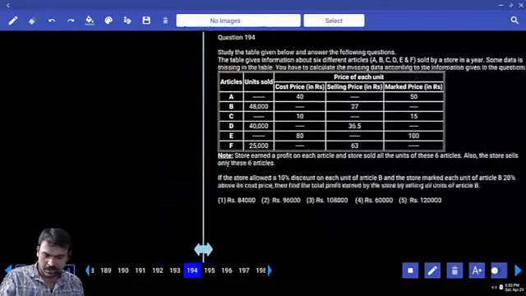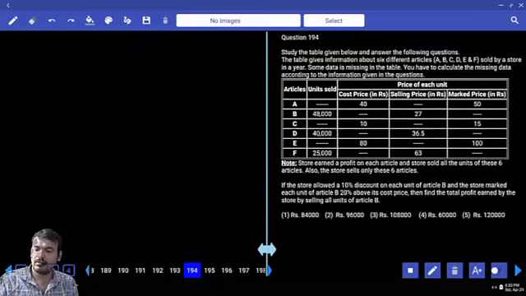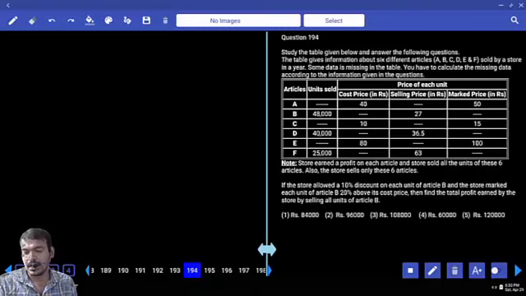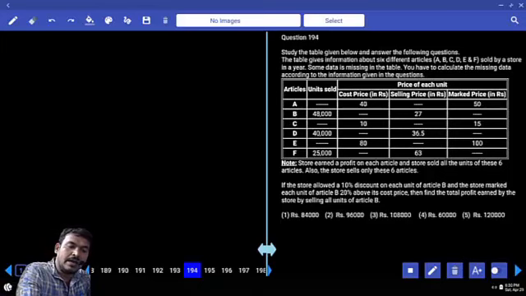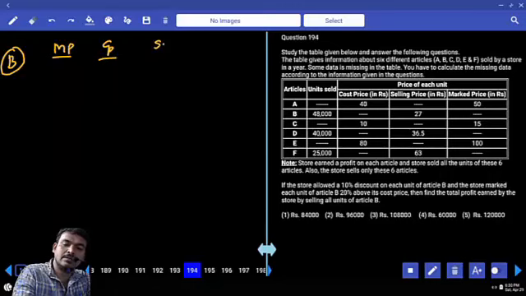And what is the first question? What is the 194 question? If the store allowed 10% discount on each unit of article B and the store marked each unit of article B 20% above its cost price, then find the total profit earned by the store by selling all the units of article B. First of all, article B market price, cost price and selling price.